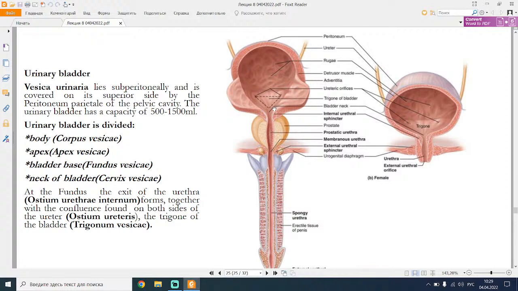What you see, trigonum vesicae, ostium ureteris. This is the bladder neck.